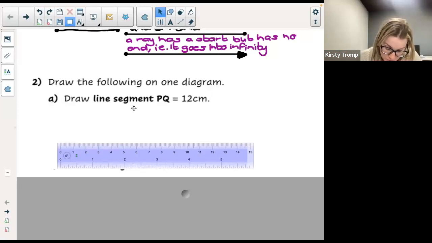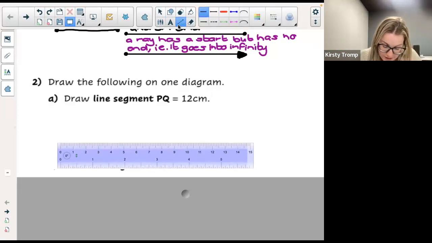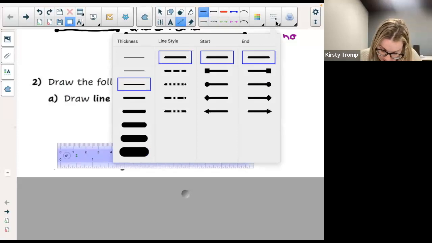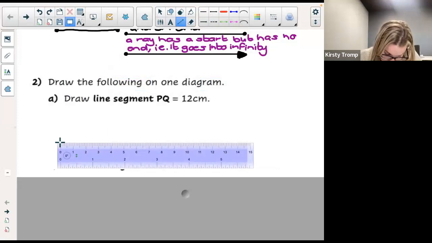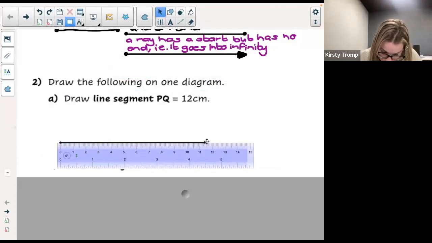All right, so there we go. We've got our ruler. We need to draw a line segment. I'm going to make sure that I'm starting with a dot and ending with a dot. I'm starting at 0 and I'm going all the way to 12 centimeters.